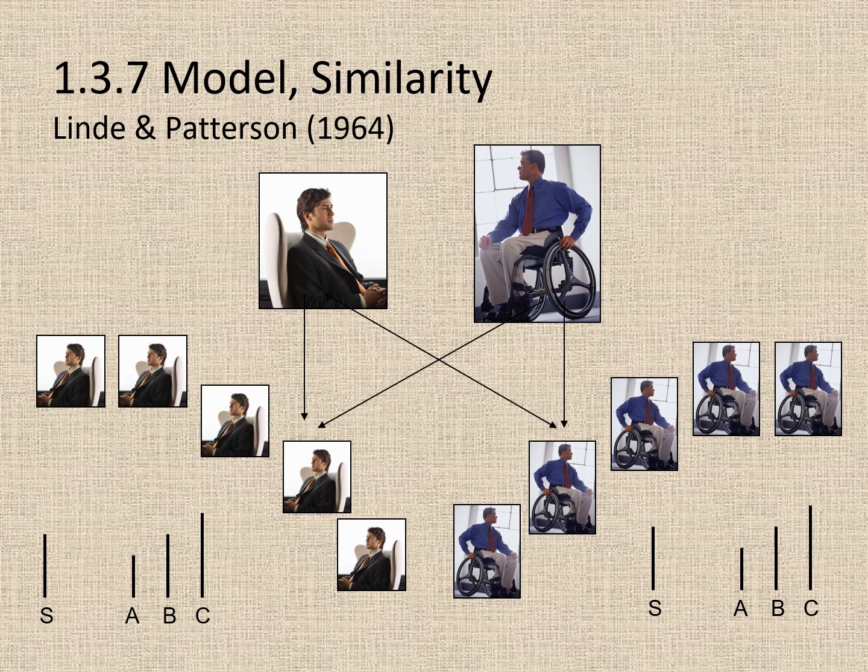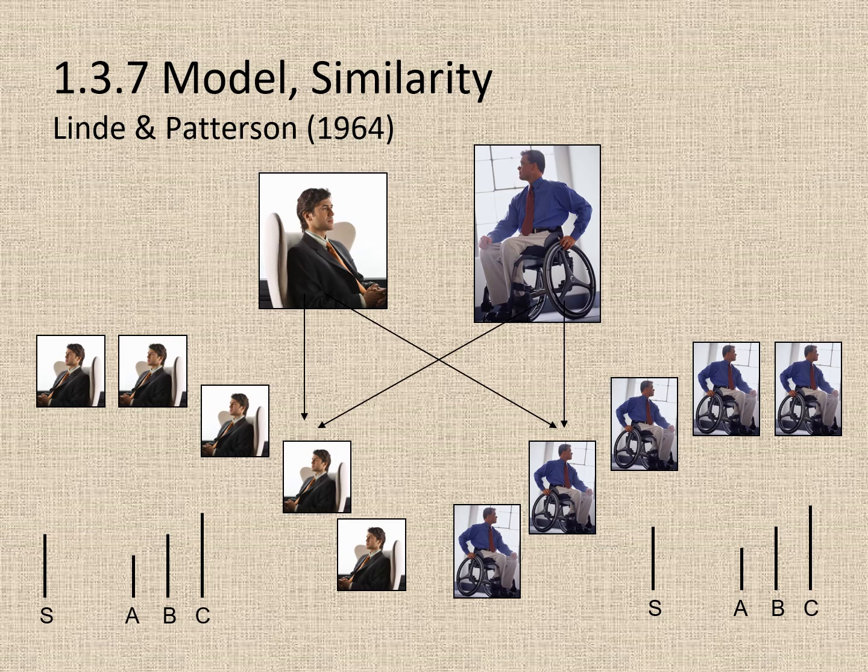Subject in wheelchair with accomplices who like themselves sit in wheelchairs, or with accomplices who don't sit in wheelchairs. Subjects who don't sit in wheelchairs with accomplices who don't sit in wheelchairs, or with accomplices who do sit in wheelchairs.